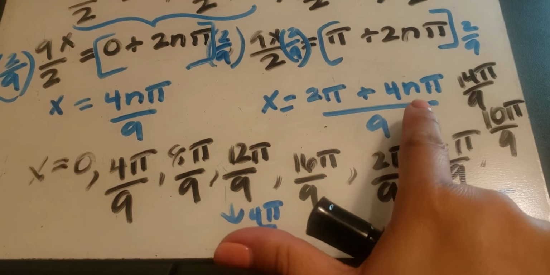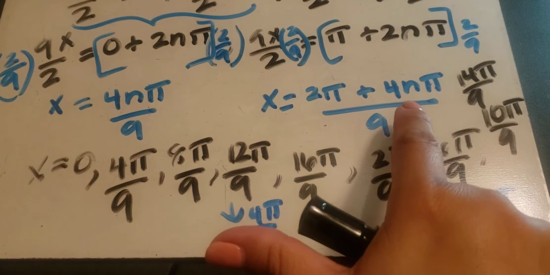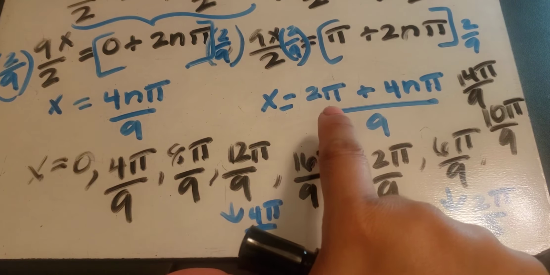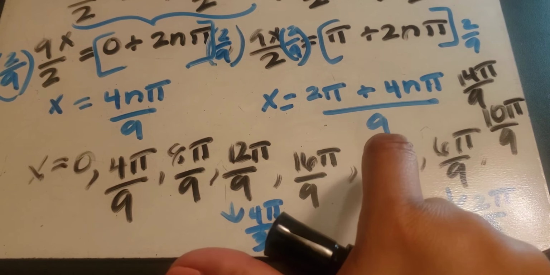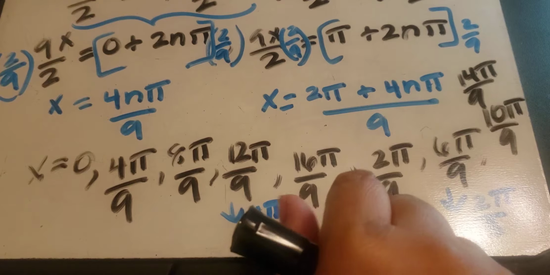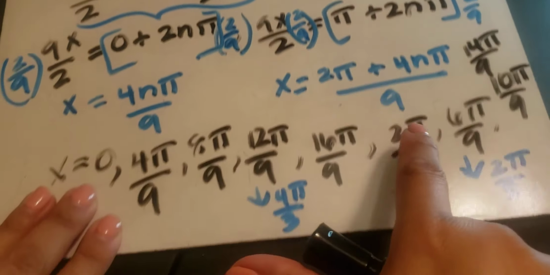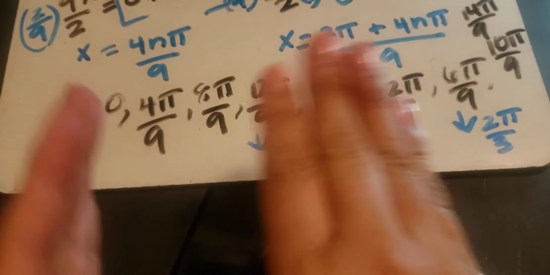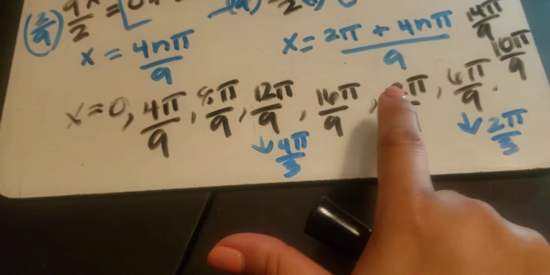If n is 4, then we're going to have 4 times 4, which is 16 pi plus 2 pi, which is going to give me 18 pi over 9. And 18 pi over 9 will give me 2 pi. And we don't want to include 2 pi. Remember, we want to end at 2 pi, but we don't want to include it. So that'll be all the answers for that.